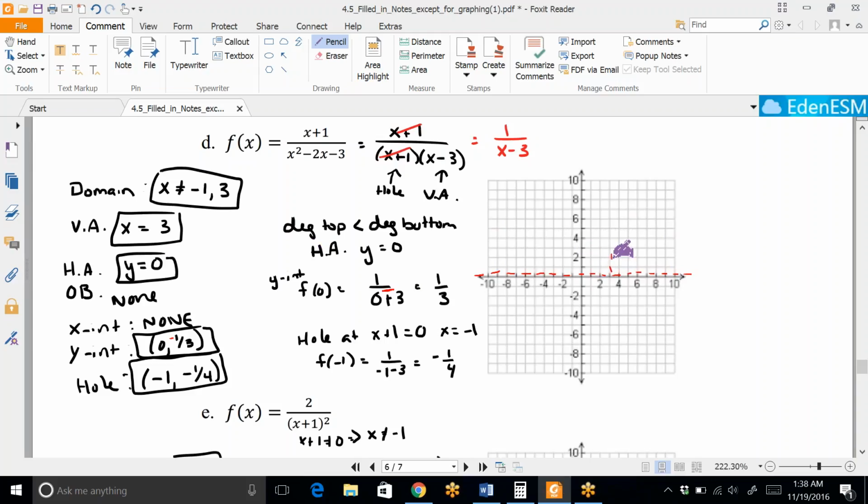Here is our vertical asymptote. Our hole is -1, -1/4. Our y-intercept is -1/3.